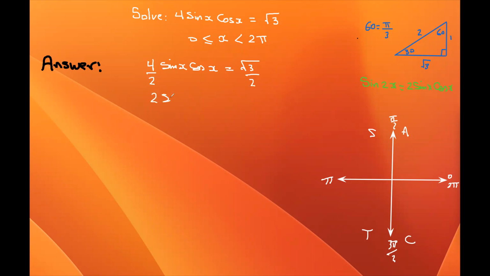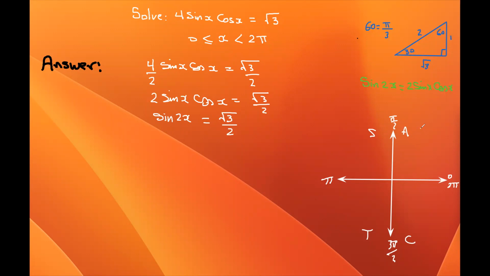Now we have 2 sine x cos x equals root 3 over 2. Now we said 2 sine x cos x is the double angle identity, so I'm gonna change this into sine 2x equals root 3 over 2.